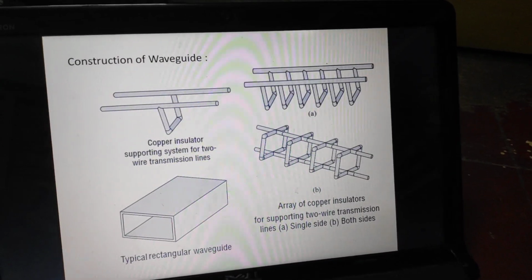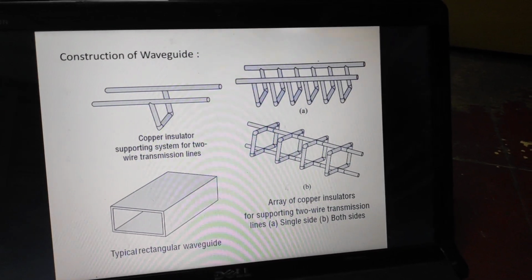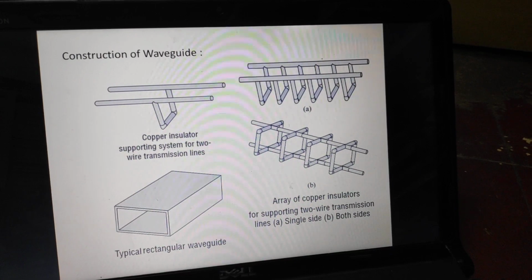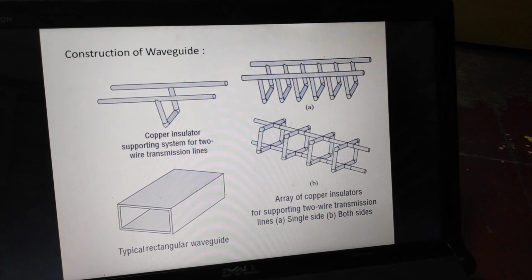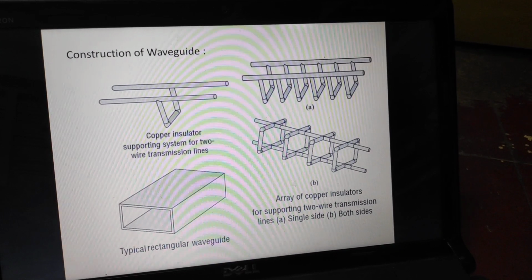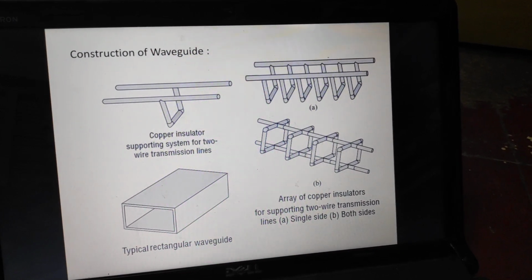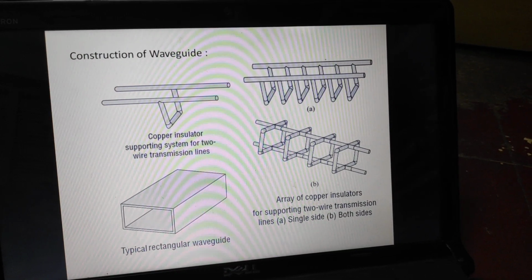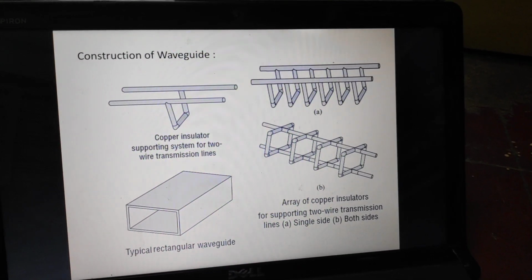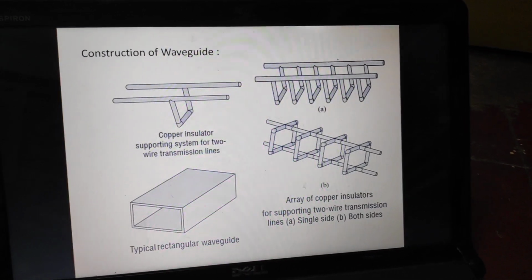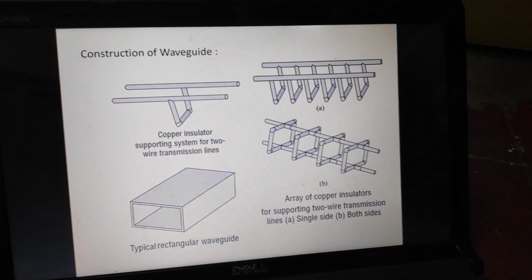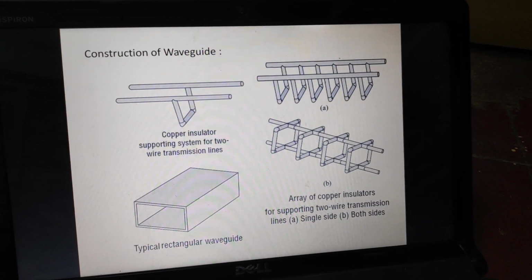Now let us see the construction of a waveguide. Since we have some idea about the parallel wire transmission line, as you know, in a parallel wire transmission line two conductors with the same specifications are separated by an equal distance. You might also have studied stub matching, where we use a quarter wave transformer connected as a stub for impedance matching.